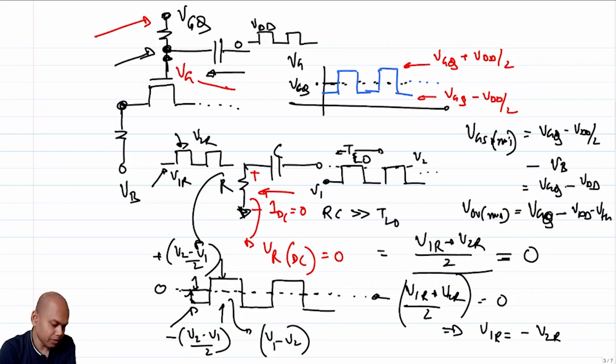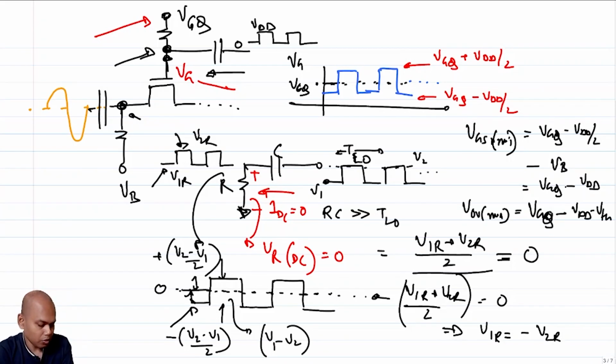So what is the minimum signal? Note that this is AC coupled, so the signal at this node can go to VB minus VP. Which essentially means I have to ensure that under this minimum signal condition also, when the switch is supposed to be off, the switch turns off.